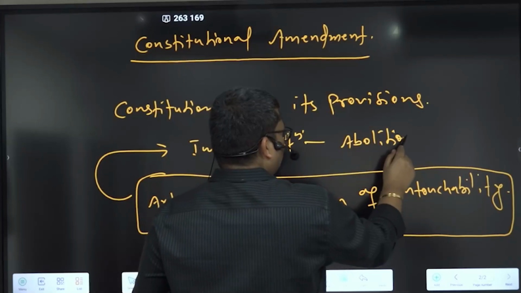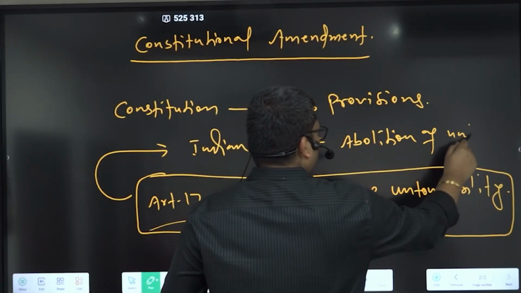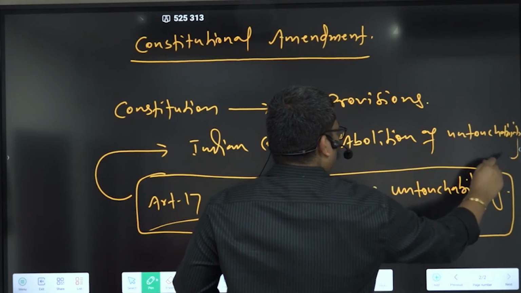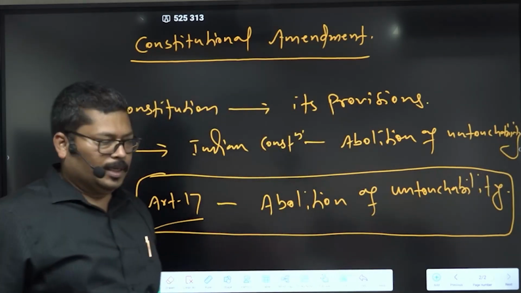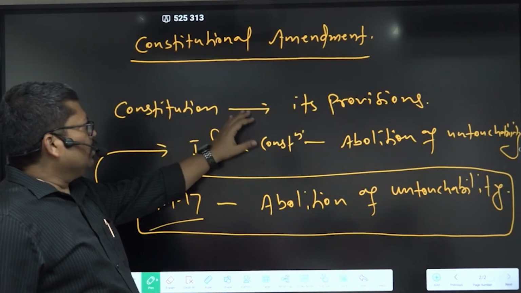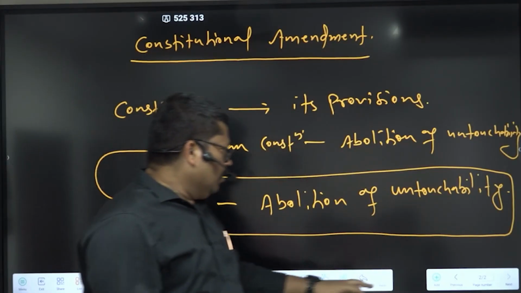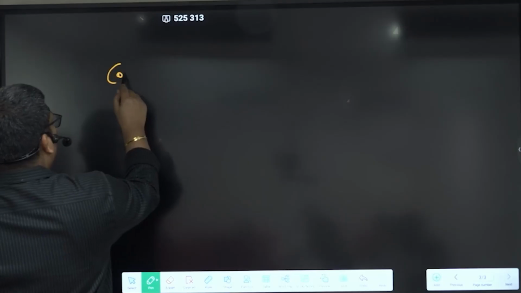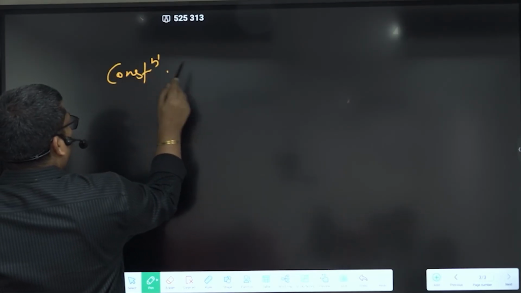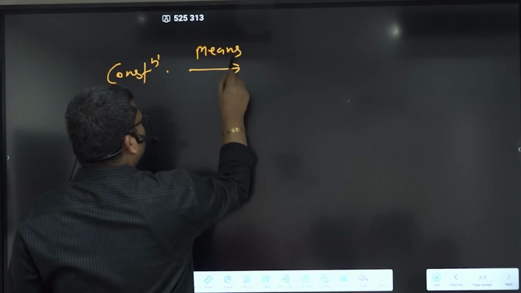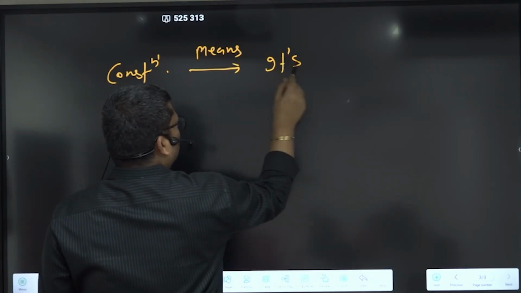Abolition of untouchability. So what does it mean? It simply means that Constitution is represented via means of its provisions, right? Constitution means its provisions.